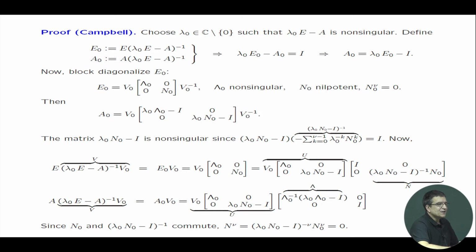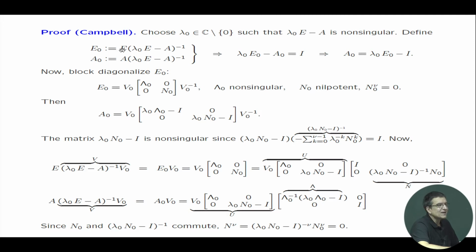So but if we do this, then this relation holds for the new E and the new A, because if we multiply this new E with lambda 0 and subtract A0, what do we get on the right hand side?